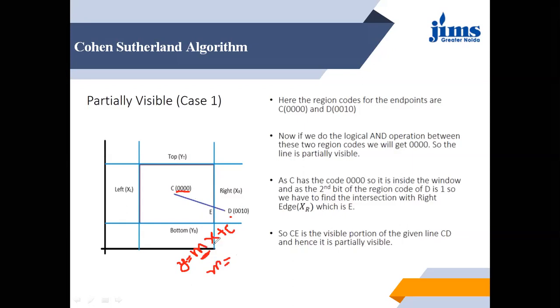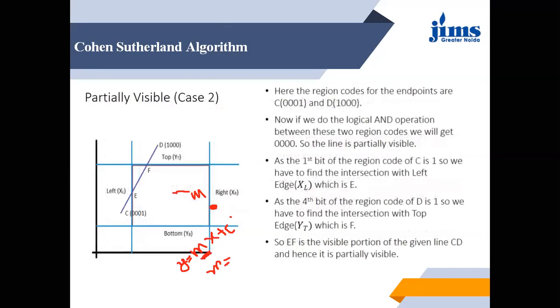Then, when I have the value of m and I know the x coordinate of the intersection point, I can easily find out the y coordinate of the intersecting point. So this is the way in which we can perform the calculation to find out the intersecting point of a line.